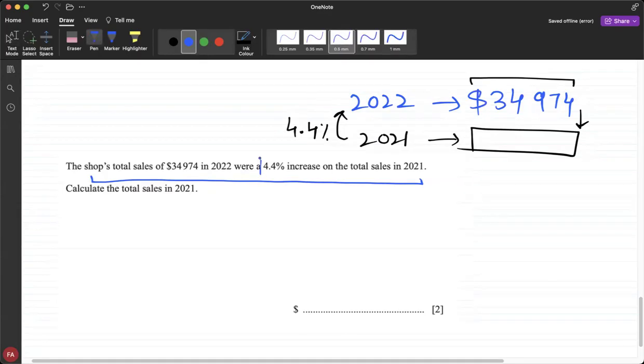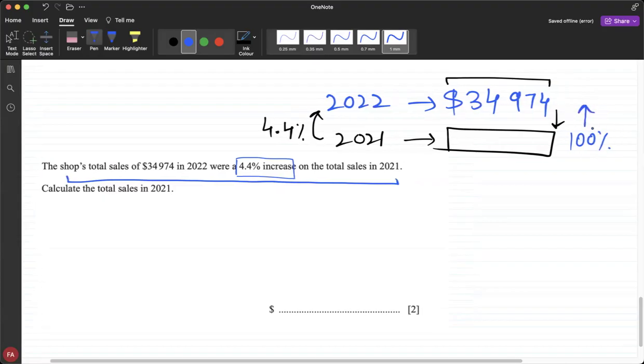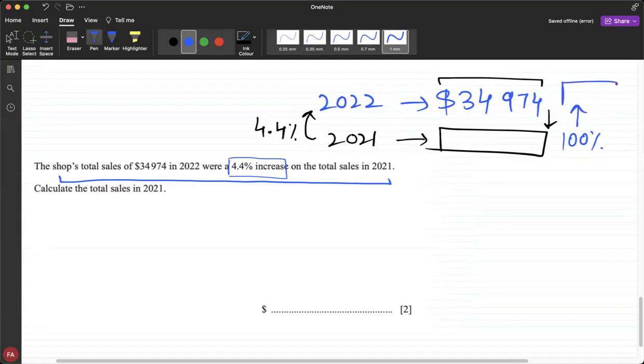So like I said, 4.4% increase. That means if I assume that in 2021, we had 100% sales, and now the total has increased by 4.4%, this value is actually 104.4%. I want you to understand this quite well. In 2021, I'm assuming that we had 100% of the sale.